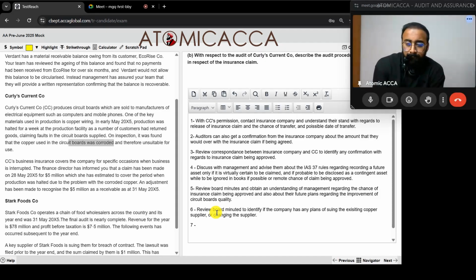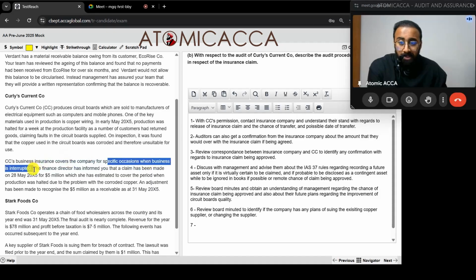Copper wiring production was halted. The company's business insurance is covering the company for specific occasions when business is interrupted.